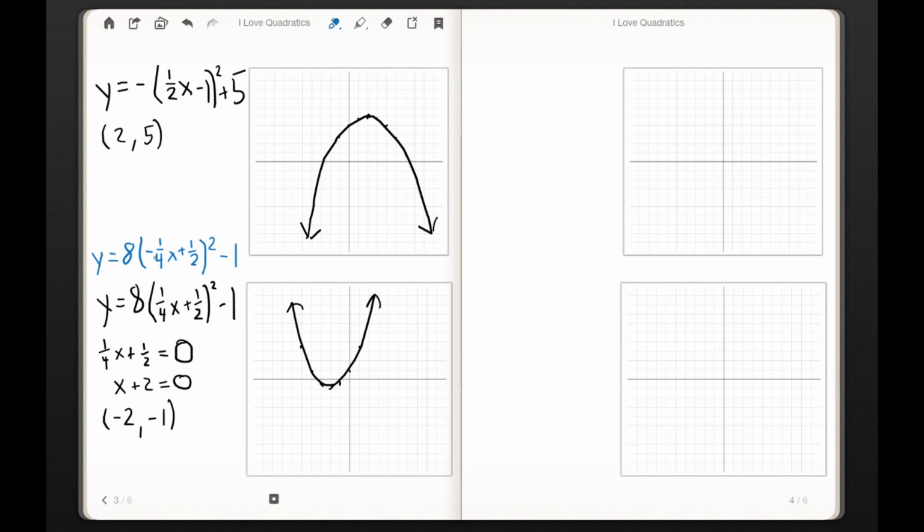So the only change we made is that we put a negative in front of the 1/4 here.